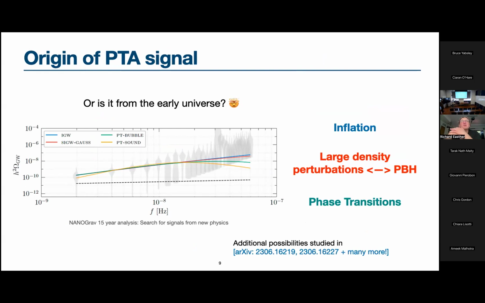Isn't the most likely prior for the early universe model that it would be a superposition of both? Yeah, you could have both as well. But isn't it almost true that you expect the supermassive black hole signal to be there at some level? You'd be kind of shocked if you got down to SGWB levels and you hadn't detected it.